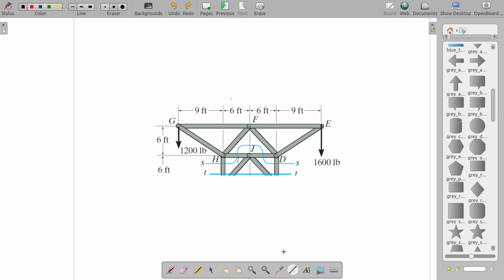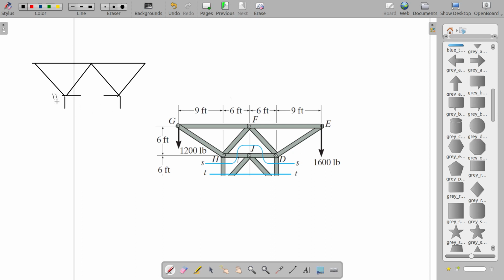So next case, you can see this is the S section.